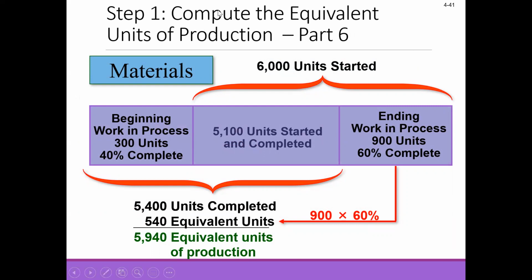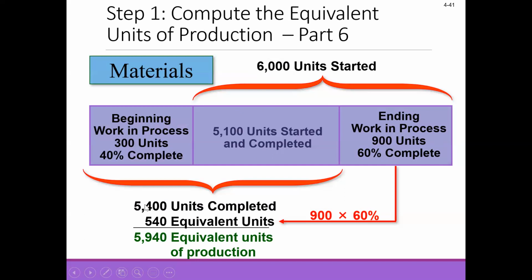Then compute the equivalent units of production. If we started 6,000 units, which is the 5,100 plus this 900 units that kind of were in different levels of completion.